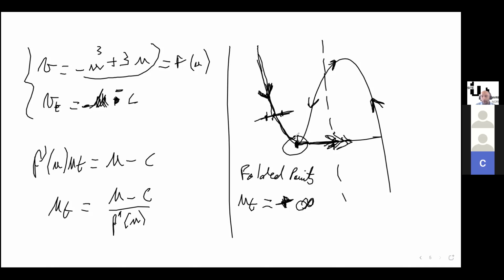Okay, another problem is when my C is around here. So when my C is around here, here it's negative, but here it's positive. Here you may find some solutions that will still live here and go like that. I'm doing it in red.